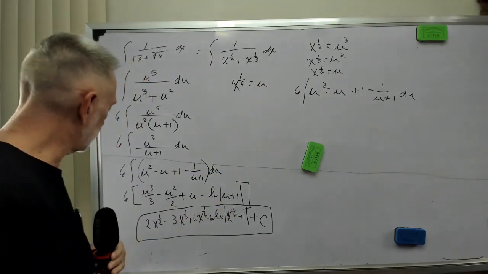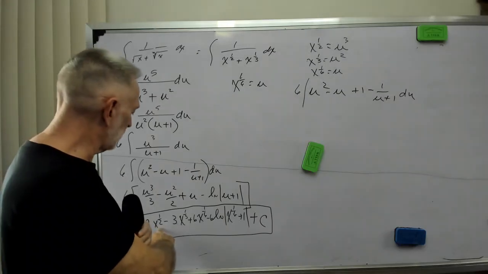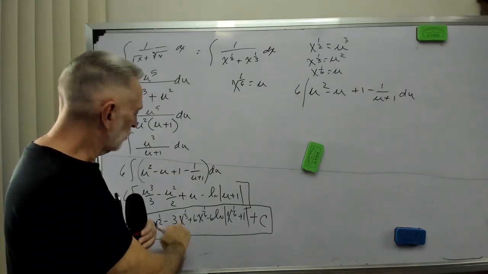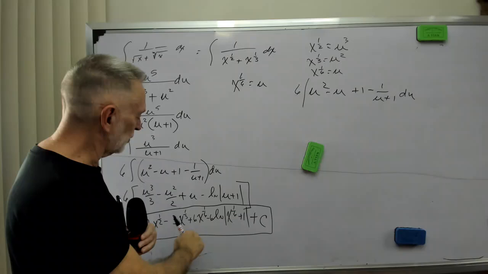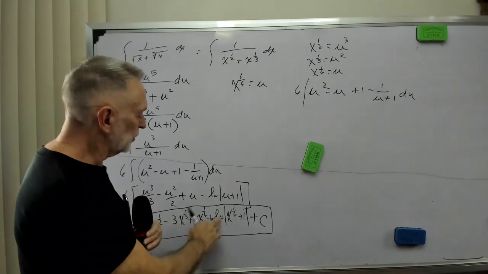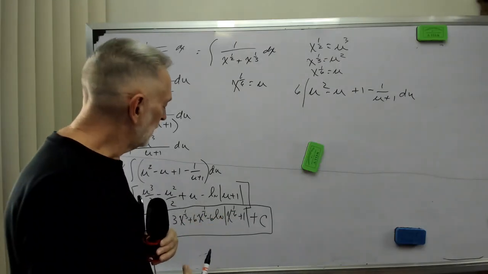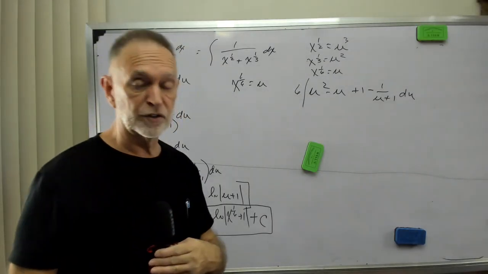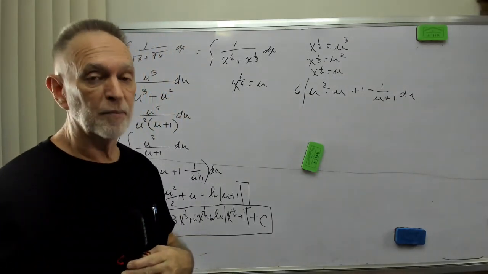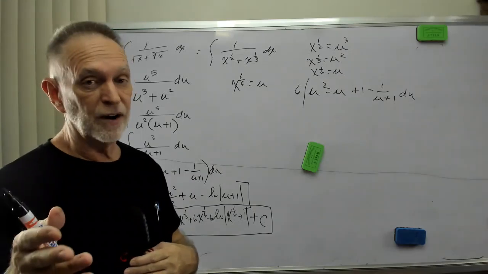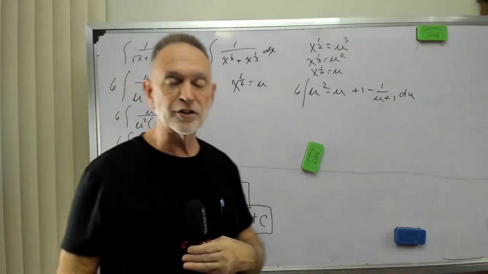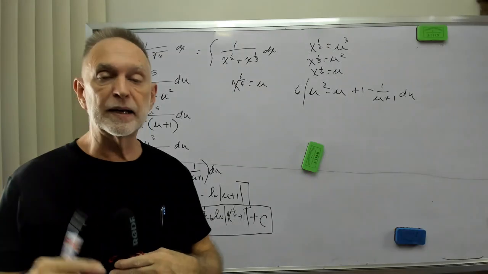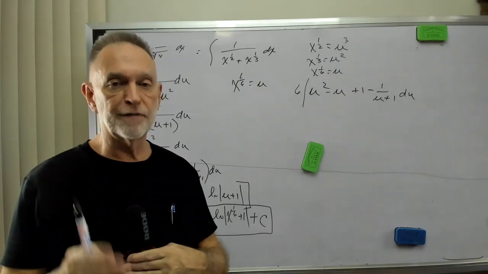So 2 times the square root of x, minus 3 cube root of x, plus 6x to the 1/6, minus 6 natural log of the absolute value of x to the 1/6 plus 1, plus c. Interesting problem.